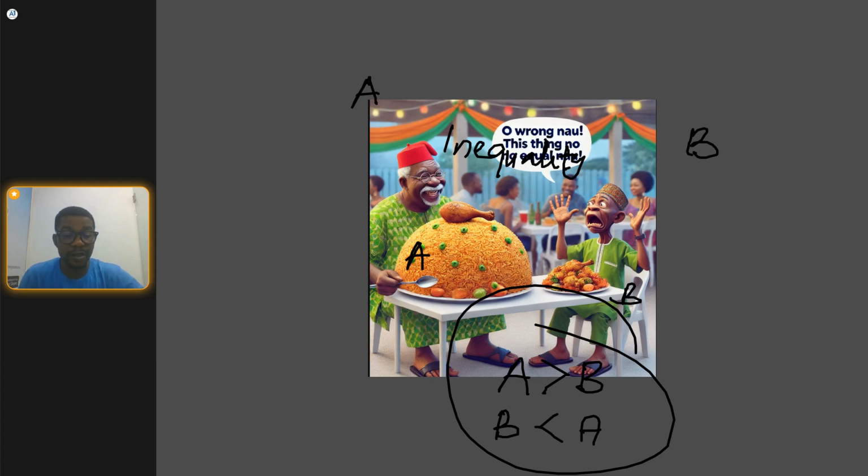We also went ahead to consider the hints and tips when solving inequalities. We said when you multiply or divide both sides by a negative integer, your inequality sign changes. We also considered the inequality signs we have.